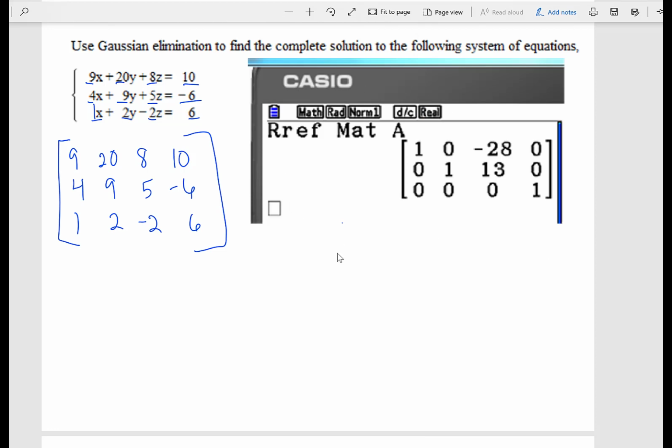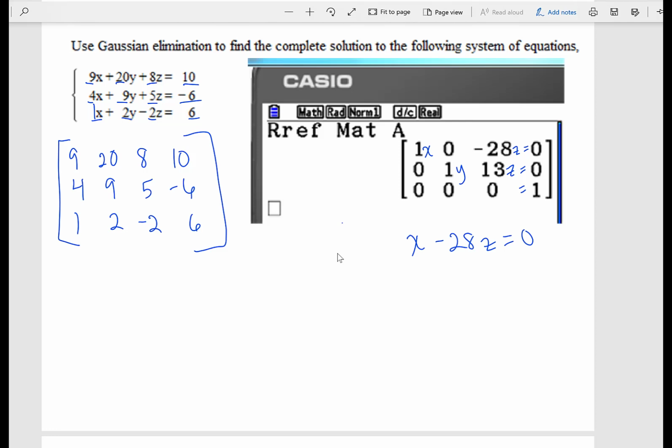Now, let's go ahead and translate this matrix back into a system. So I would have x minus 28z equals 0.